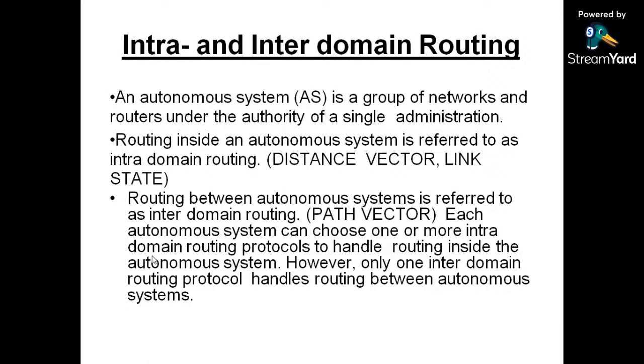So there are intra-domain and inter-domain routing. An autonomous system, we call it AS, is a group of networks and routers under the authority of a single administration.